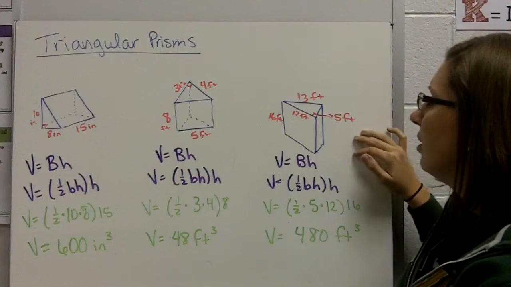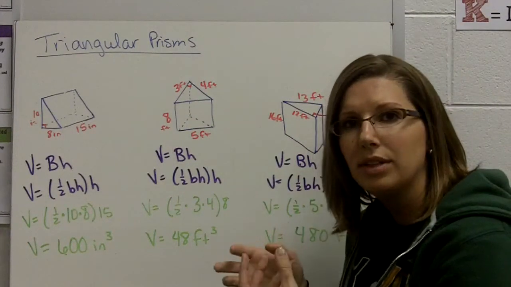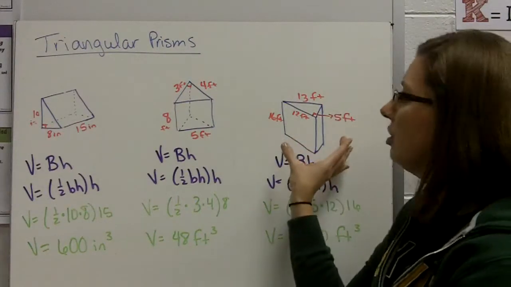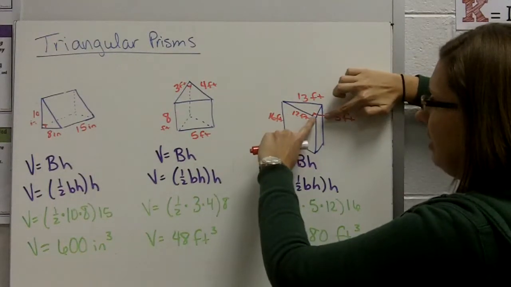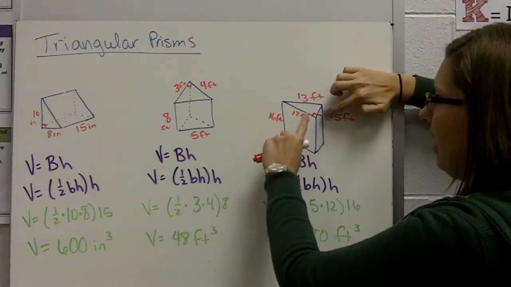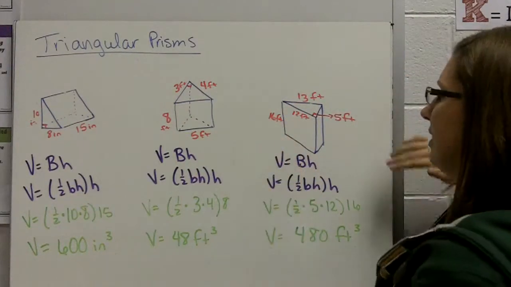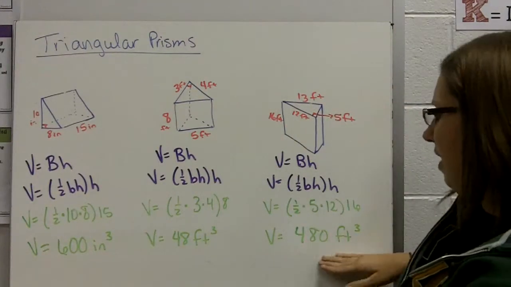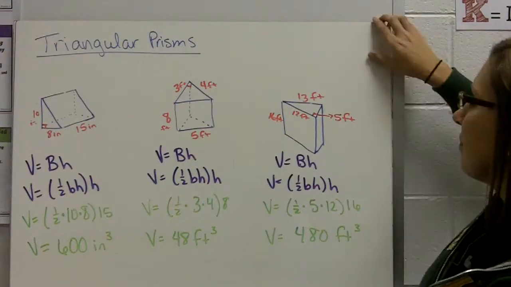So sometimes when we can't see through it, it's harder for kids to really see all the sides. But this is still a triangular prism, and when my two lines come together, that's going to be my base and my height of my triangle, and then I just multiply by how tall it is. I don't need this number at all. So in this case, when I find my volume, I've got 480 cubic feet.